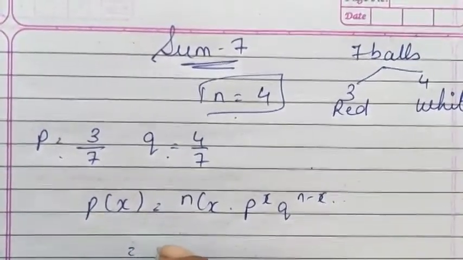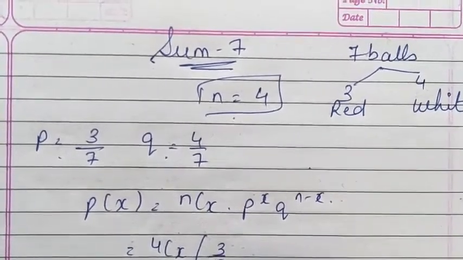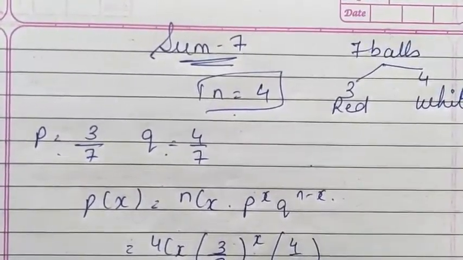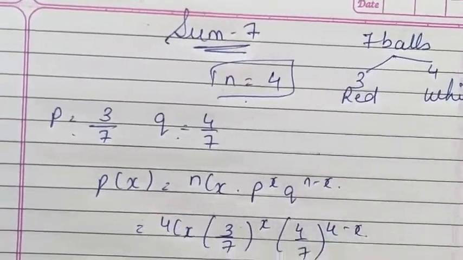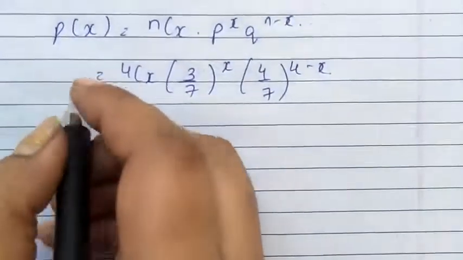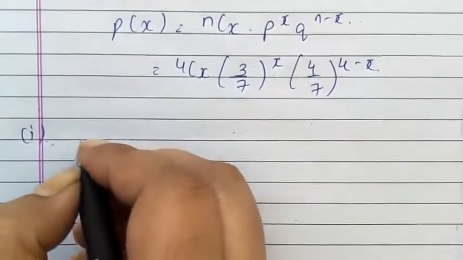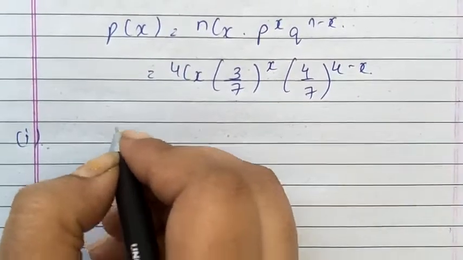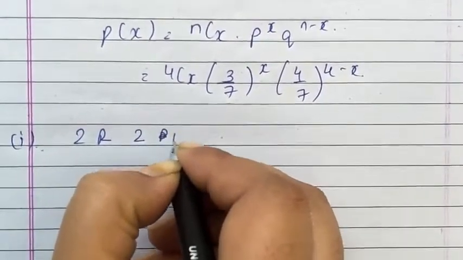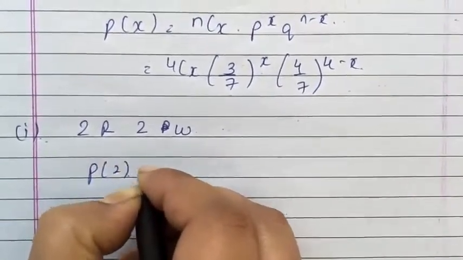So 4Cx into 3 upon 7 raised to x into 4 upon 7 raised to 4 minus x. So now the first condition given to us is the probability of two red and two white balls, so that is P(2).